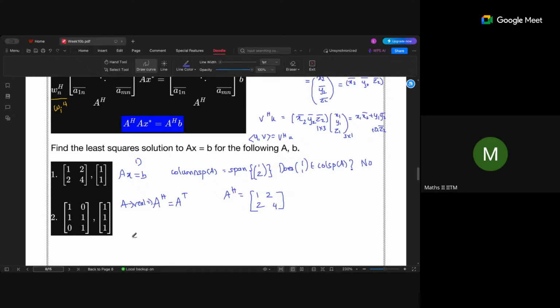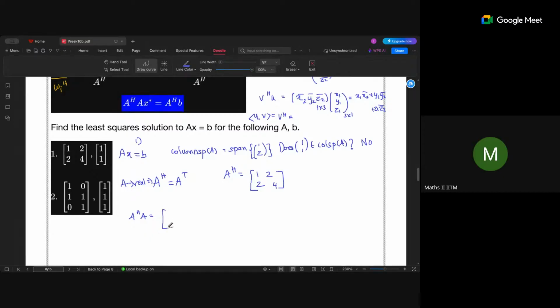Now compute AH into A. Do the matrix multiplication and tell me. 5, 10, 10, 20.